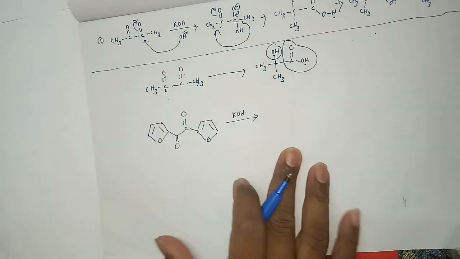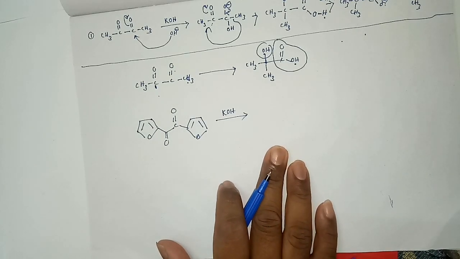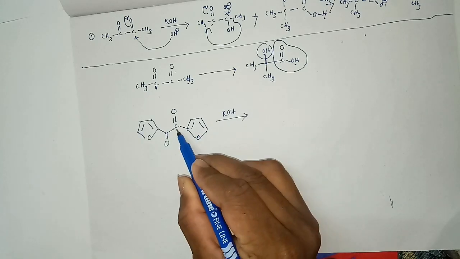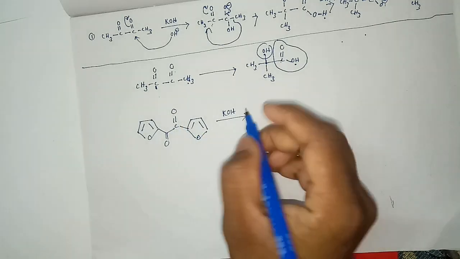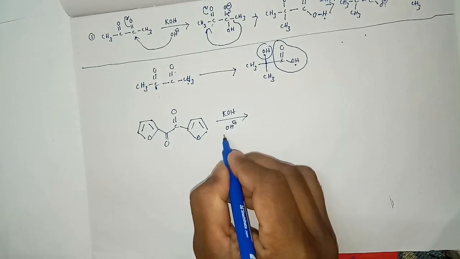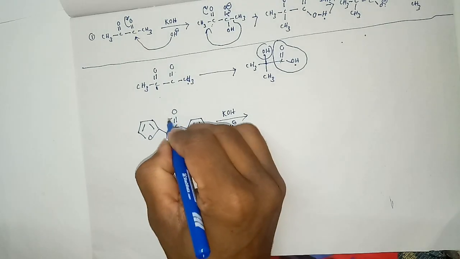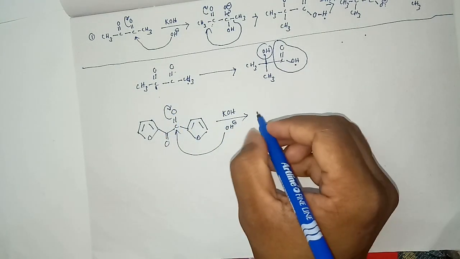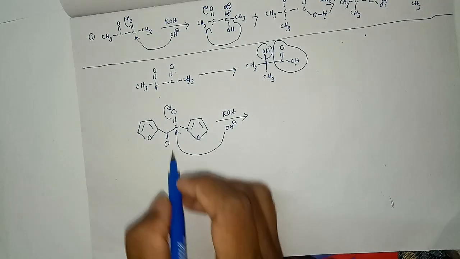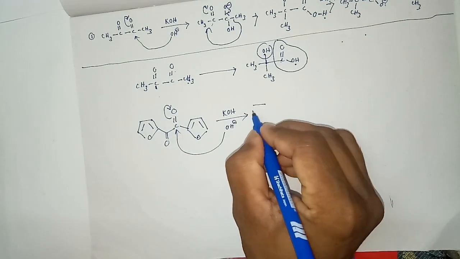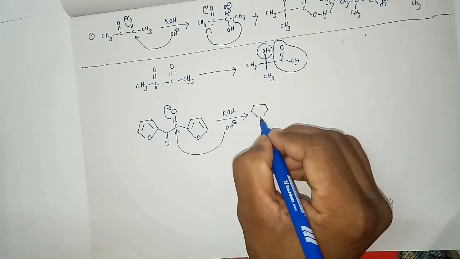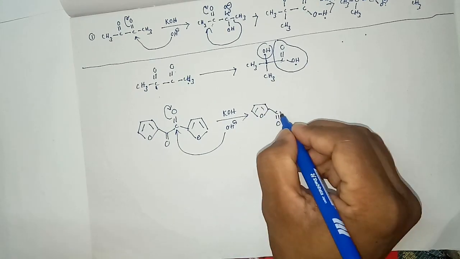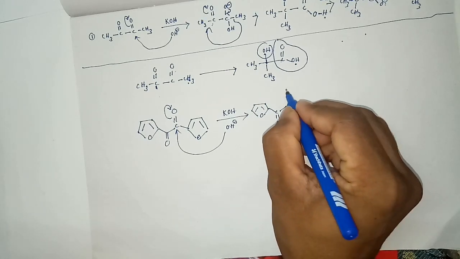We know that in the first case the OH group will attack this center. OH minus first attacks this side, and the double bond goes to the oxygen atom. Then we get C double bond O, C, O negative charge.